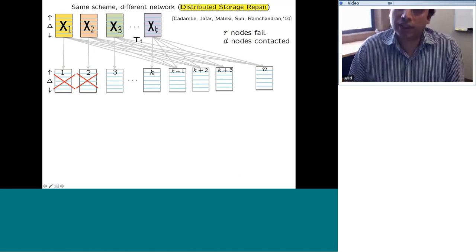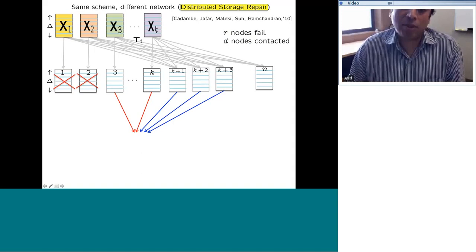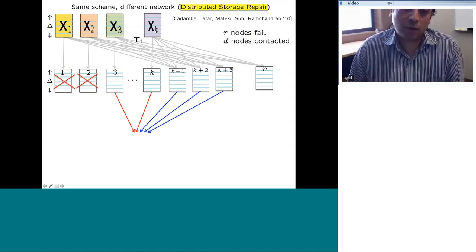You don't want to construct all the data. The important thing here is you only want to construct what was lost. You want to exactly repair nodes 1 and 2. So you can contact maybe not all the remaining nodes, but whatever number of nodes that you can access. Those nodes you contact, and you download from each of them some information. And the question is, what's the minimum information you need to download from these nodes to be able to reconstruct exactly the nodes that were lost?